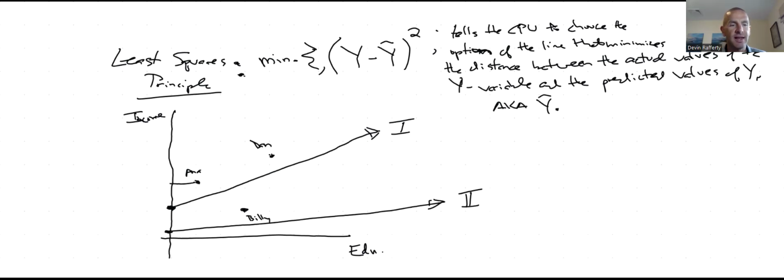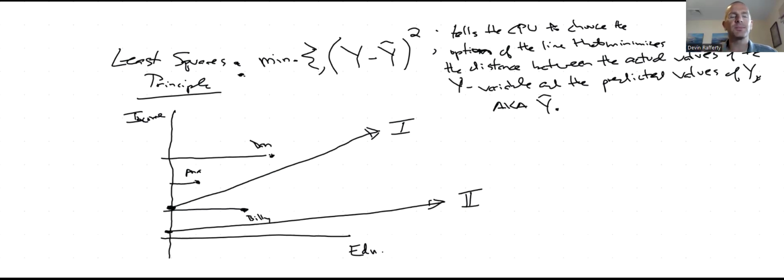This is Dan's actual value of y. This is Billy's actual value of y. So choose the distance between the actual value of the y variable and the predicted values of y. Okay? That's what it's saying. And the predicted values, so what do we mean by predicted values? We'll get to that real quick.